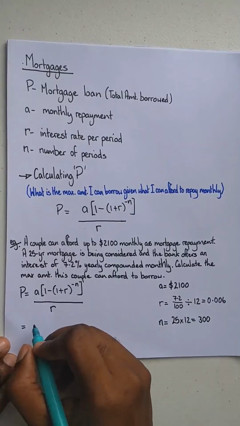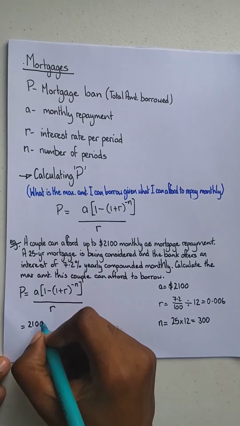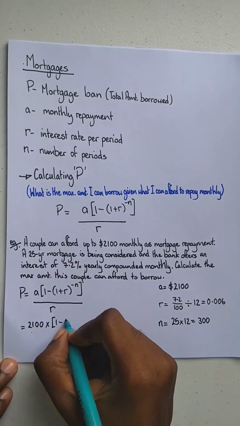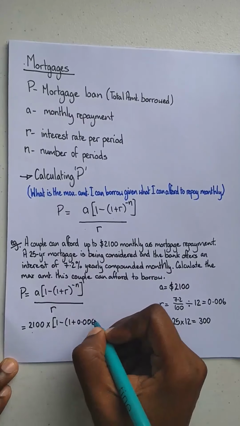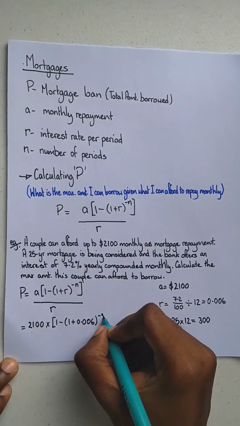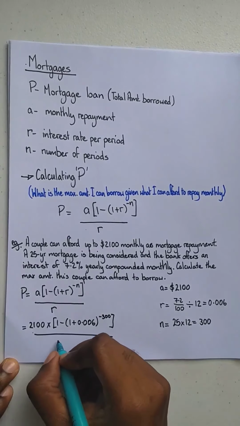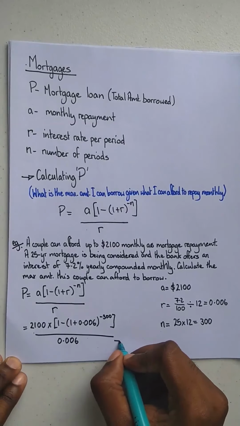Therefore, to solve for the maximum mortgage loan, we would say 2,100 multiplied by 1 minus 1 plus 0.006 raised to the negative 300, all divided by 0.006.